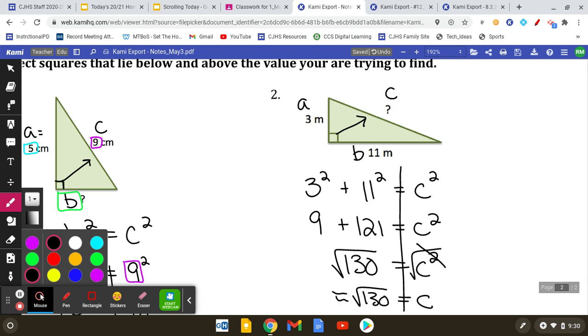So it's 11 point what? 3 or 4, is that what you said? Okay, let's just go with 3. So this side length right here is about 11.3.